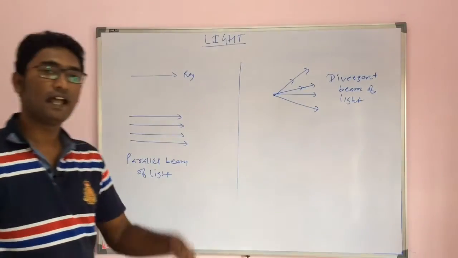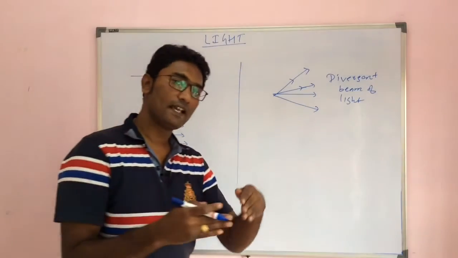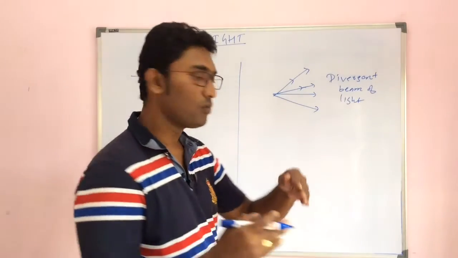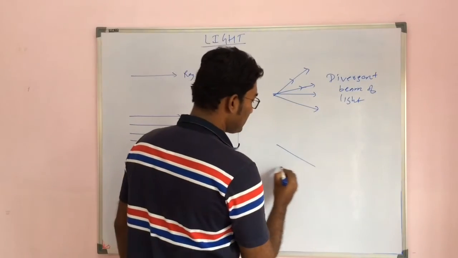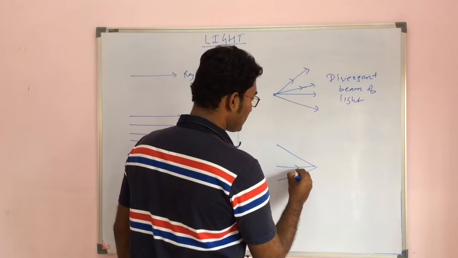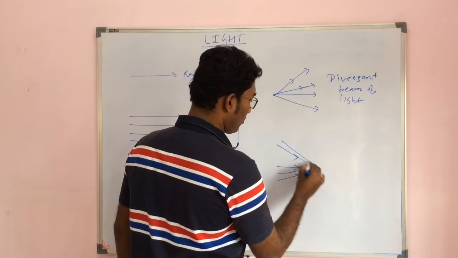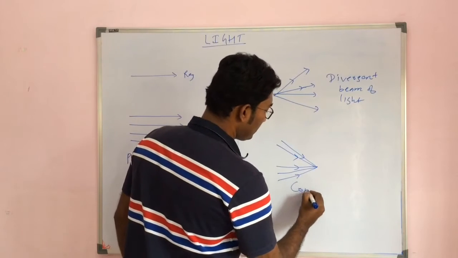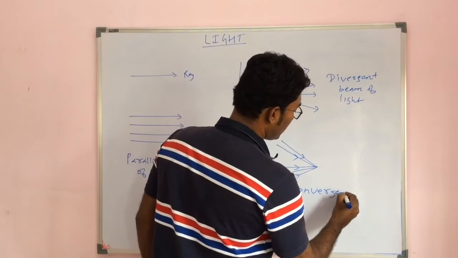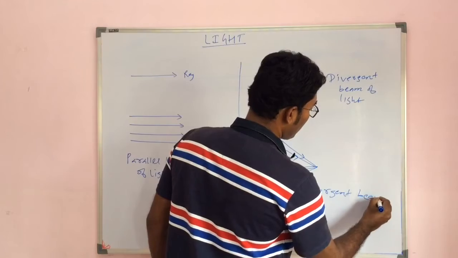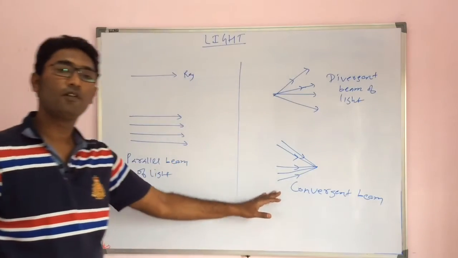And sometimes light rays coincide, or meet at one place, and this type of beam is called a convergent beam of light.